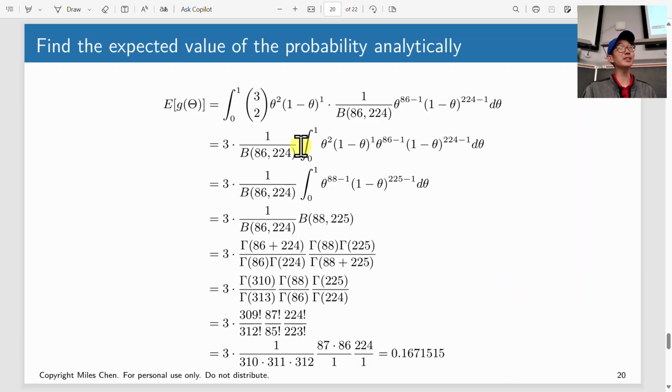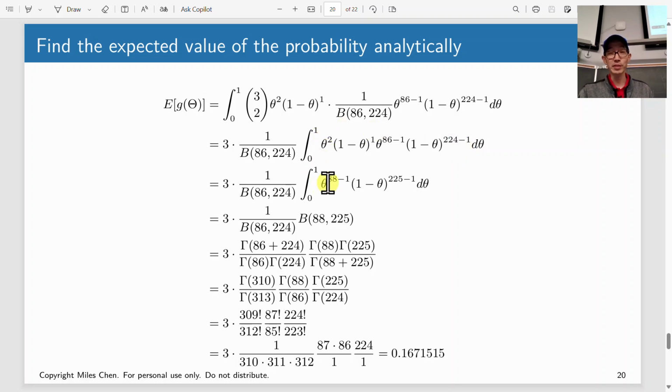And again, this is the analytic approach, and luckily in this case, it is solvable. So when you do the analytic approach, 3 choose 2 evaluates to 3, and then this beta function of 86, 224 can get extracted because it's just a constant. And then over here, I've got the integral from 0 to 1 of theta squared, 1 minus theta, theta to the 86 minus 1, 1 minus theta to the 224 minus 1, d theta.